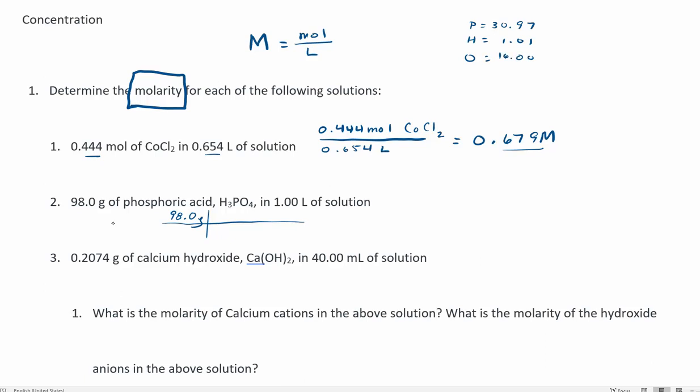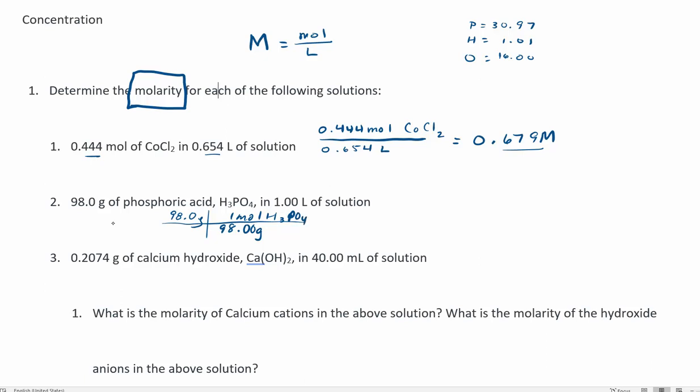So I need 16 times 4 because there are 4 atoms of oxygen in phosphoric acid, plus 1 phosphorus, 30.97, plus 3 hydrogen. And I get 98 even, 98.00 grams per mole, and that's phosphoric acid.